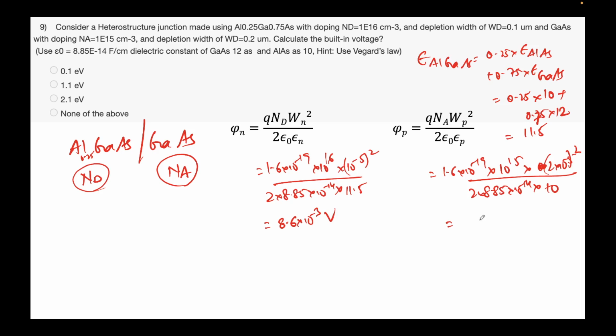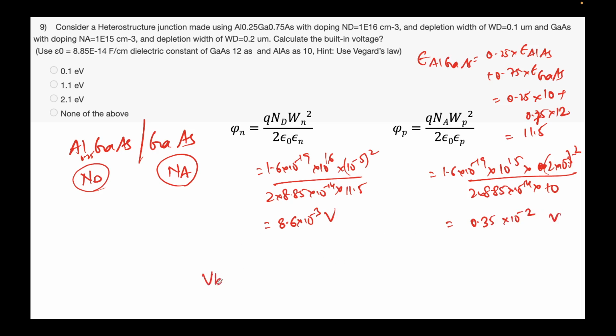So this will come out to be around 0.35 times 10 to the power minus 2 volts.